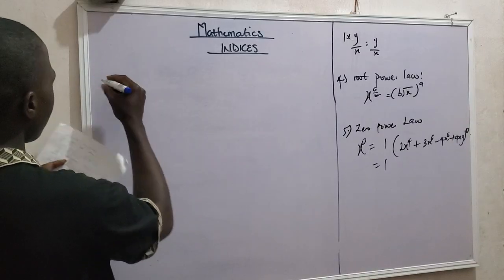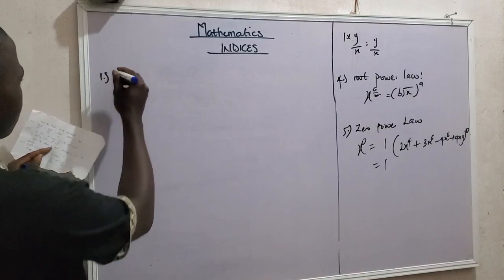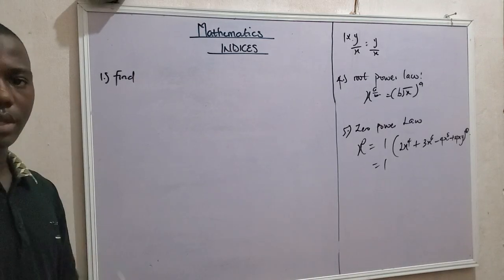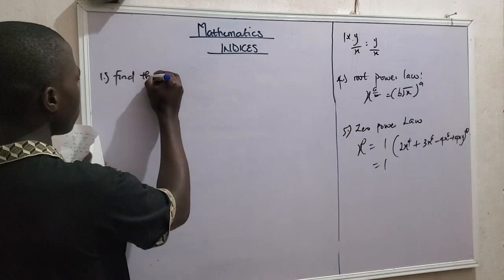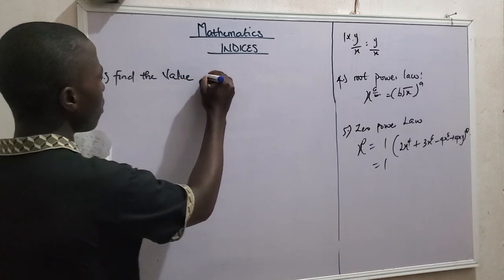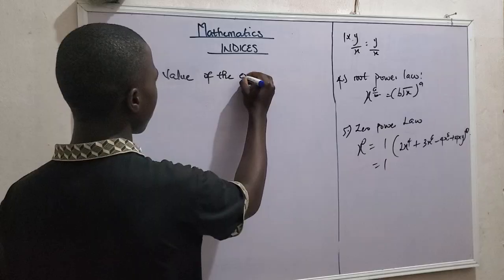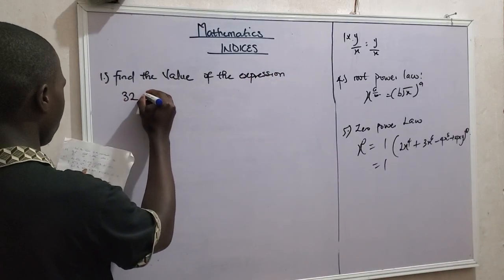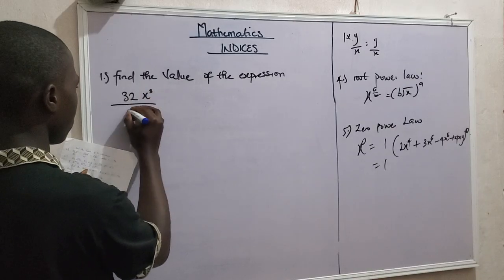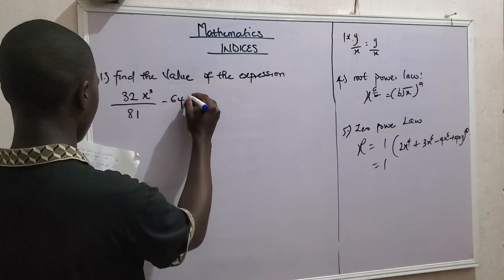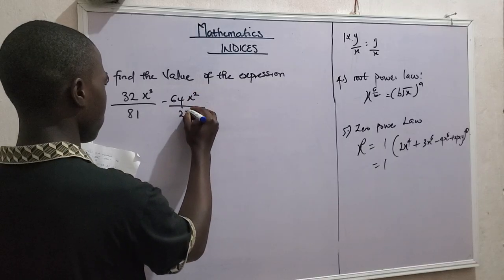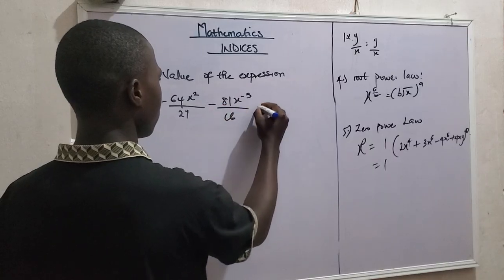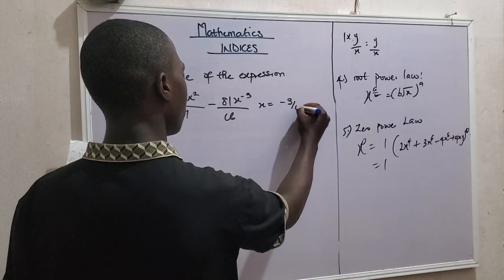So the first question we have here says find the value of the expression when x is equal to -3 over 4.